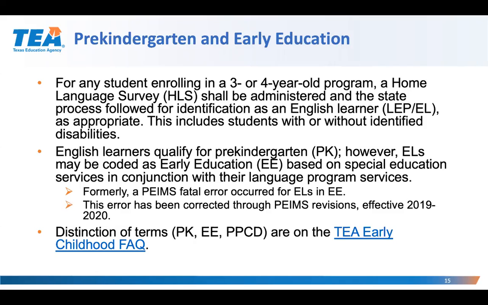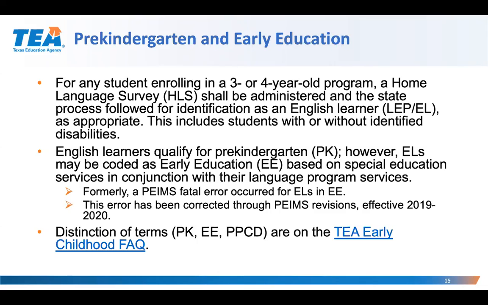Here, as appropriate means that if the HLS indicates English, as in both questions are answered with the result of English and no other language is listed on either of the 2 required questions, then the process would be completed at that point. However, if a language other than English is listed for either of the 2 required questions on the home language survey, then the appropriate process would be followed.